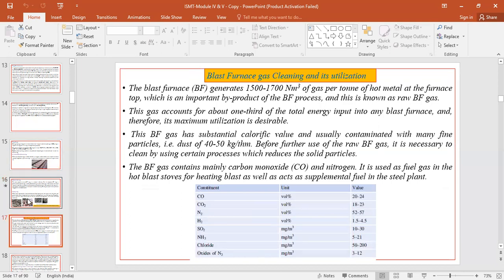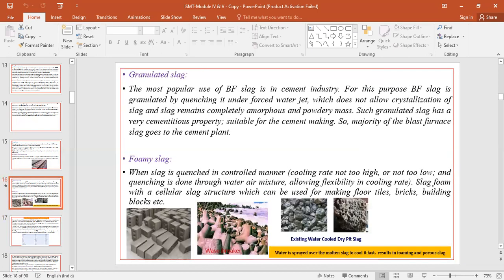So in the next class, we will see the blast furnace blasting systems. Overall, there are three different products which come out from the blast furnace. Two are liquid products, and one is a gaseous product. From the bottom of the blast furnace, we get hot metal as well as slag.